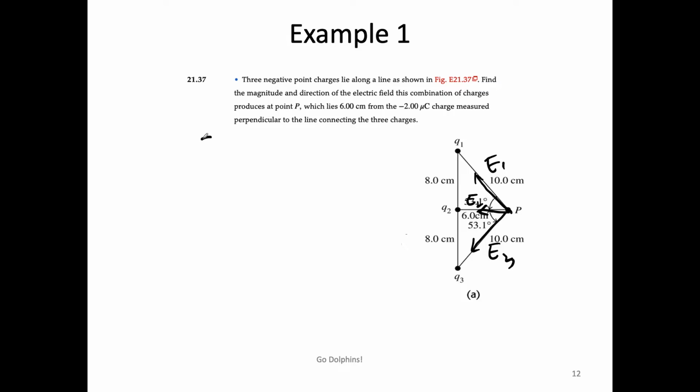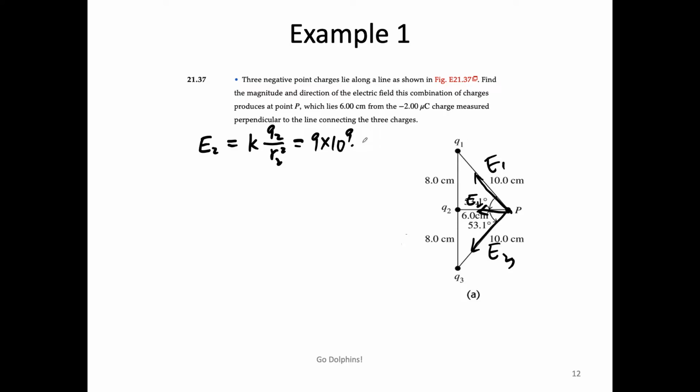So let's find E2, which is easier. E2 equals K Q2 over R2 squared. R2 is 6 centimeters, which is 0.06 meter. And K is 9 times 10 to the 9. Q2 is -2.